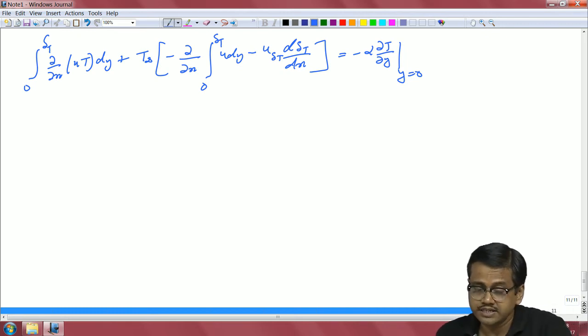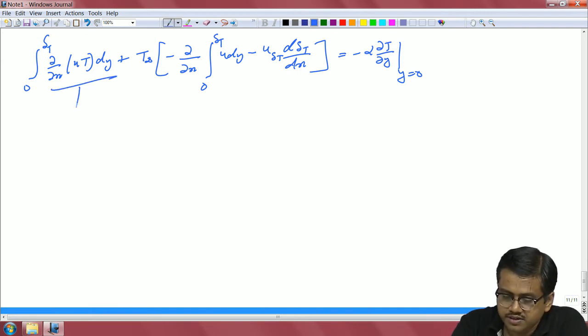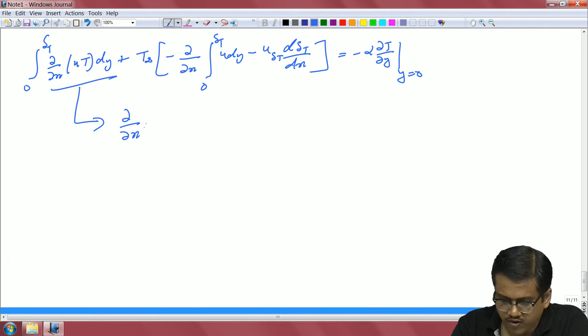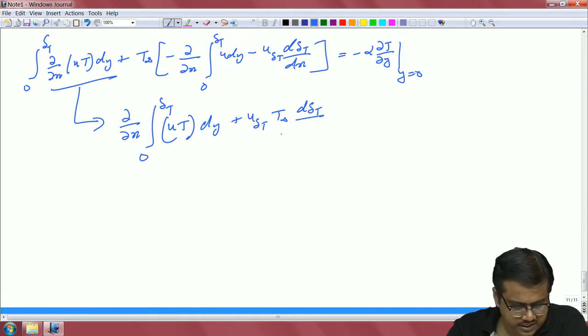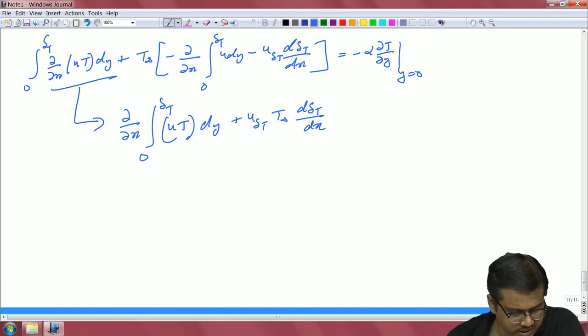Let us take term by term so that it makes sense to do the math properly. The first term can be written, again applying Leibniz. You can see how the Leibniz rule is coming in handy. I am not writing the 0 boundary condition anymore, which was a part of Leibniz, because you already know that is going to be 0. So, that is the first term that we get.